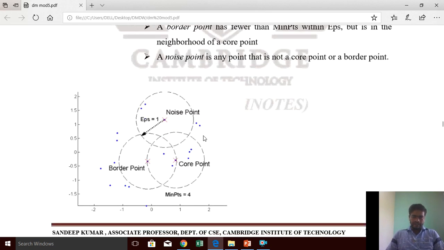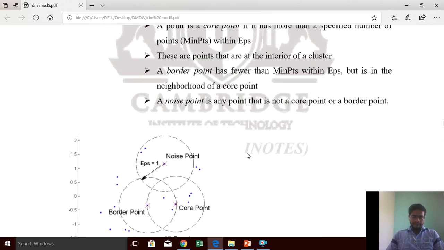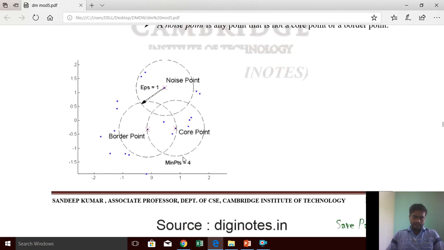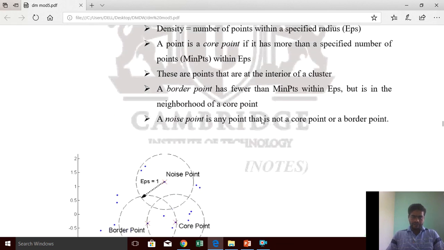Now consider this. I take one point, take a radius of epsilon, and draw a circle.